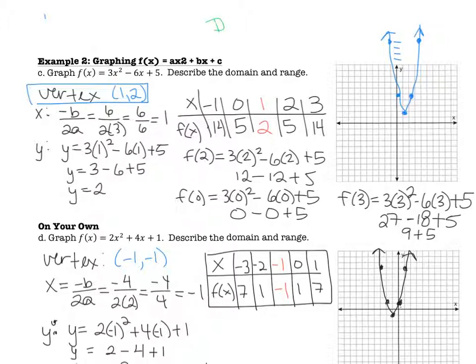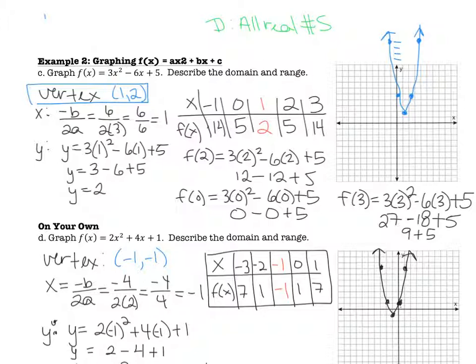The domain for f of x equals 3x squared minus 6x plus 5 would be all real numbers. And the reason being is if you look at all your x values, this graph will continue to go out to the right and to the left forever and ever and ever. So any x value will have a place on this graph.